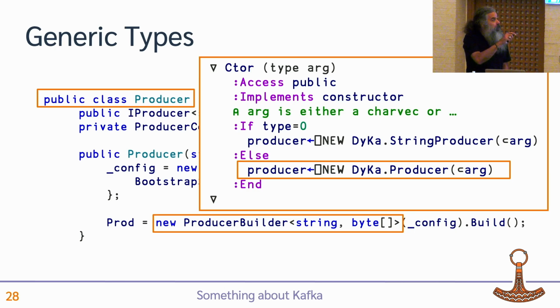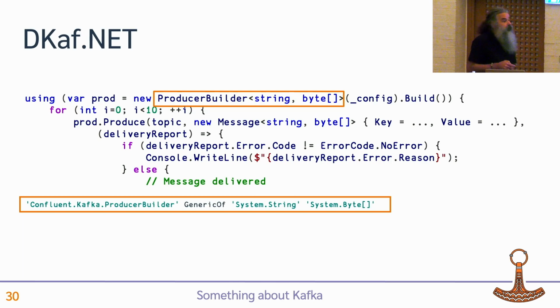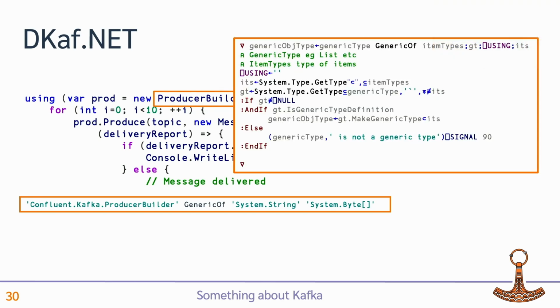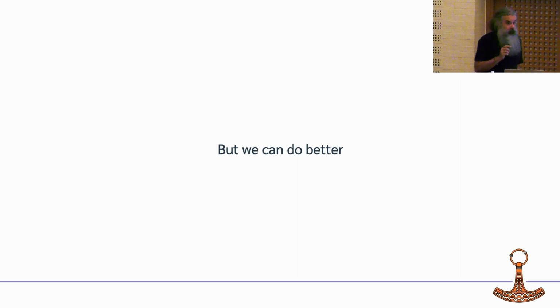So this is another workaround for the problem of accessing generics. Something else he could have done is use another function that Bjorn sent me, generic of, which does that for you. So we can do a lot of this stuff in APL, but you have to dig deep, and it's not fun, it's not easy, and it's not going to be fast. So we can do better.